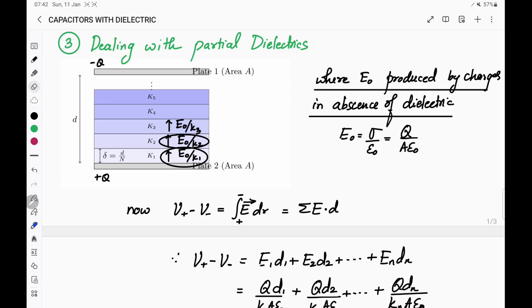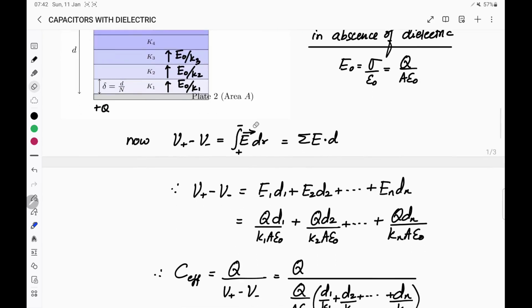So now, if we recall, what is the relation between potential difference and electric field? Potential difference is the negative of the integral of the electric field. What did I do with the negative sign? I have changed the limits of integration from positive to negative instead of negative to positive. In case of constant electric field, we can write it as sigma E·d.